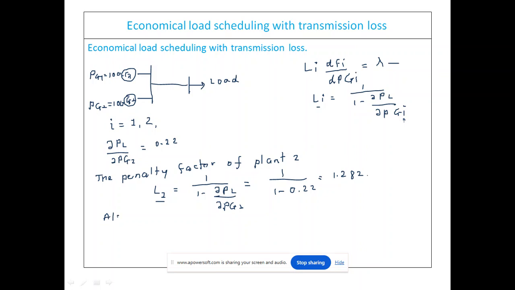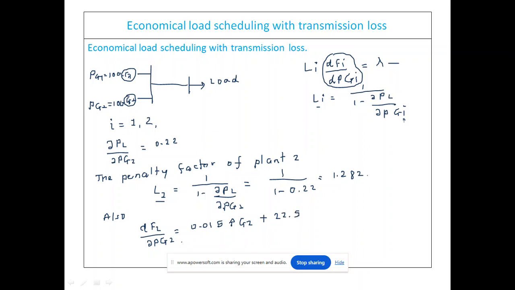Let us first find the incremental cost for the second plant, then we will substitute. dF2/dPG2 is given as 0.015 PG2 plus 22.5.